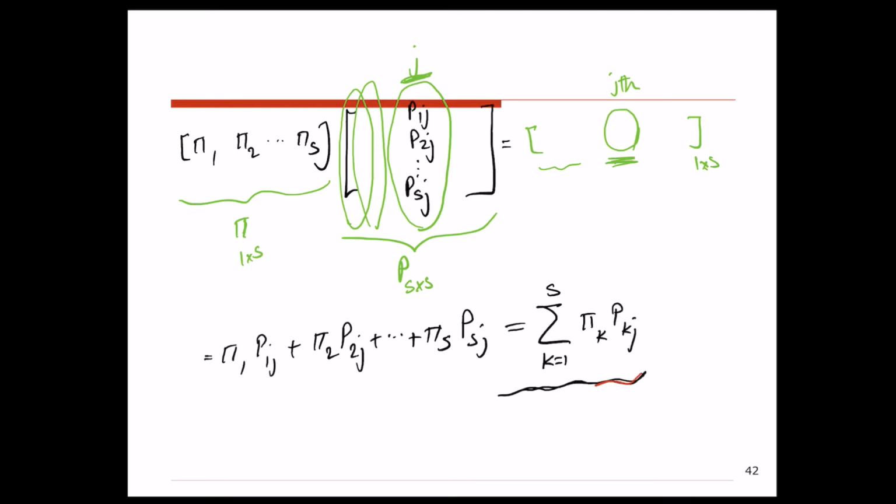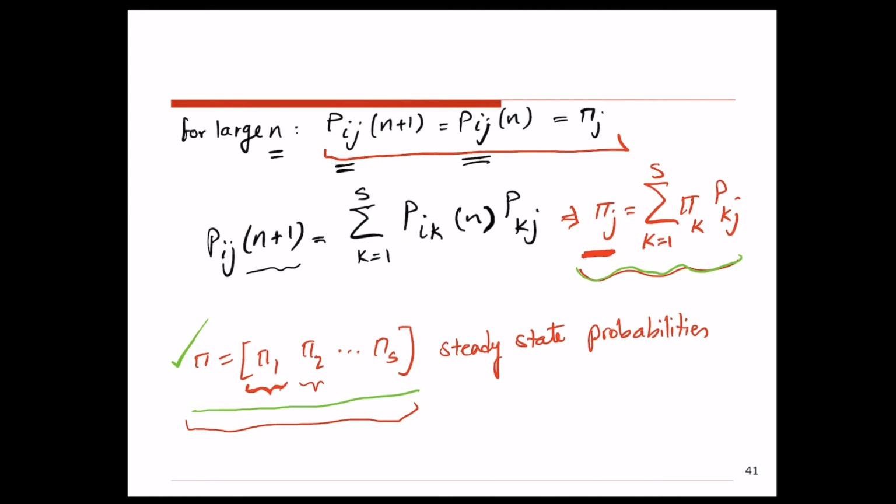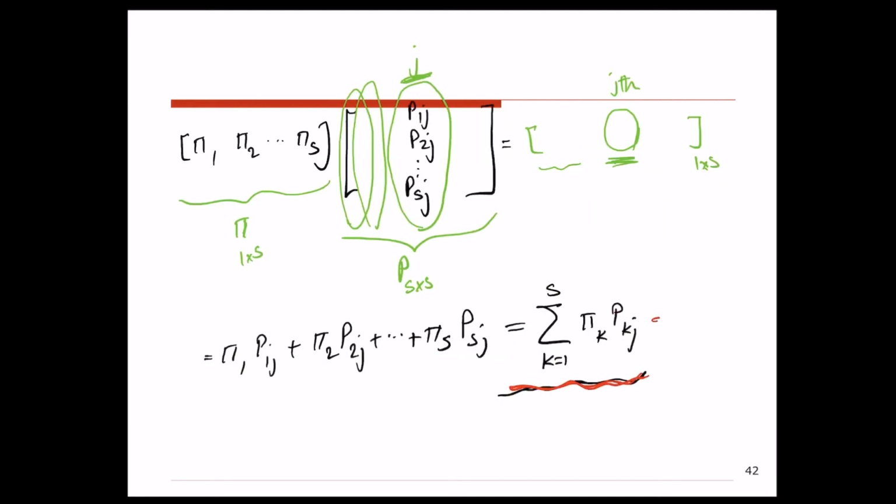And just note that this summation that we calculated is exactly the summation that we ended up with earlier. Basically, what we calculated here is the same pi j that we calculated in the previous slide. So this means that if I multiply vector pi by the jth column of the one-step transition probability matrix P, what I will get, which will be this element of the resulting vector, is pi j.